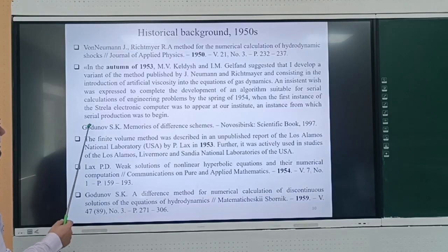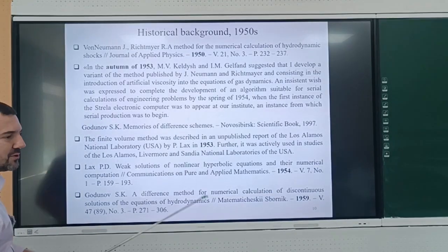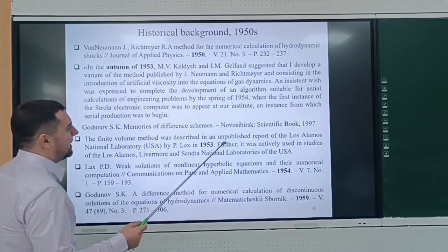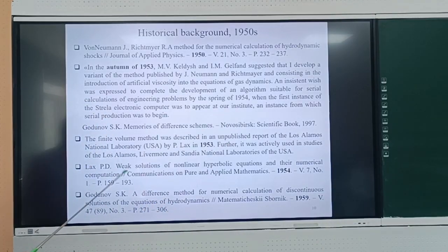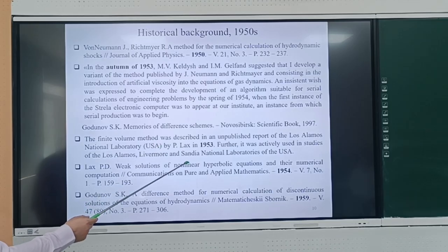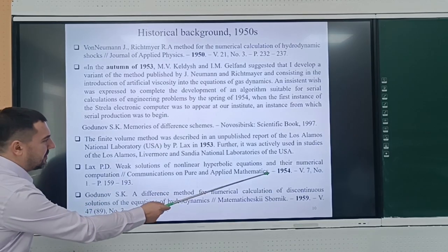They did not have enough time. The first instance of the Strela, one of the first Soviet electronic computers, was to appear in our institute, an instance from which serial production was to begin. At that time, the paper of Lax was not published, maybe it was published a bit later.